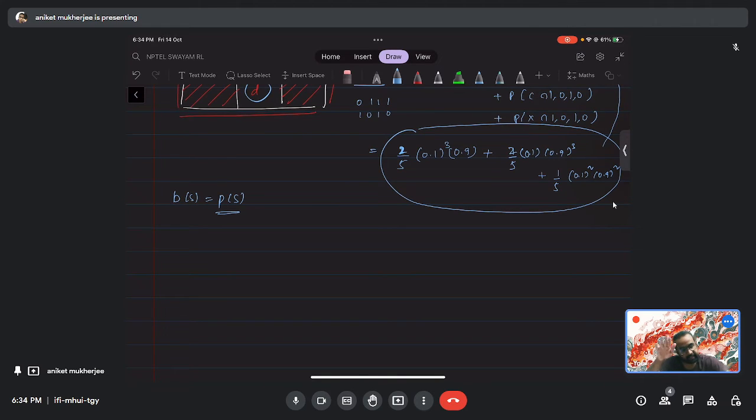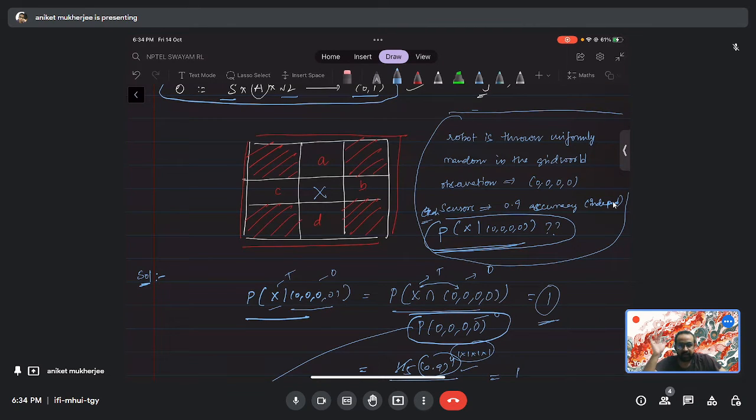Now suppose at time t you got observation 0, 0, 0, 0 with the same POMDP setup. Now I ask you, what is my belief for X?